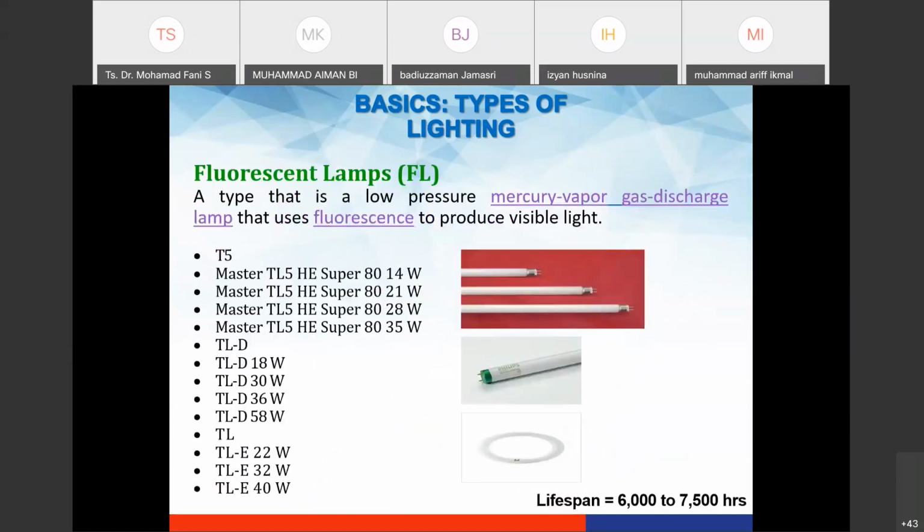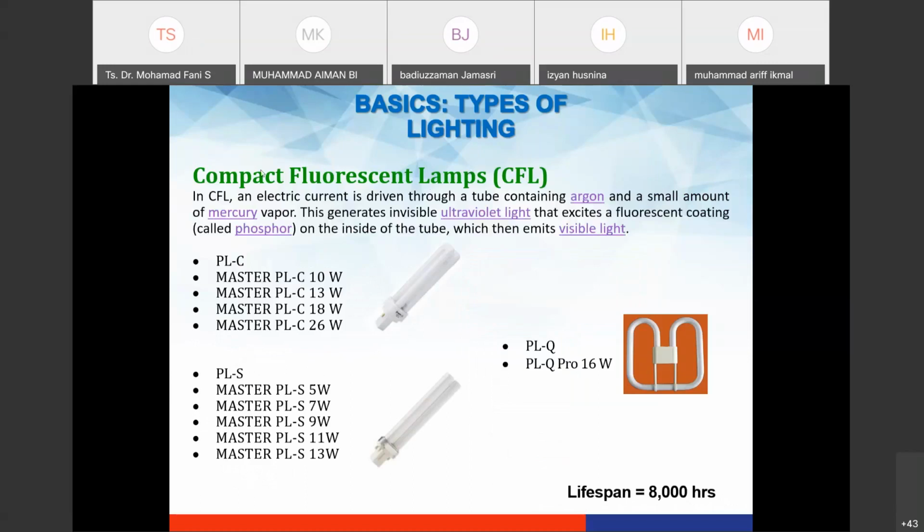Fluorescent lamp, we have LED, we have T5, T8, the very common ones in buildings. Compact fluorescent lamp, CFL, something like this. The type of CFL can be up to 26 watt.